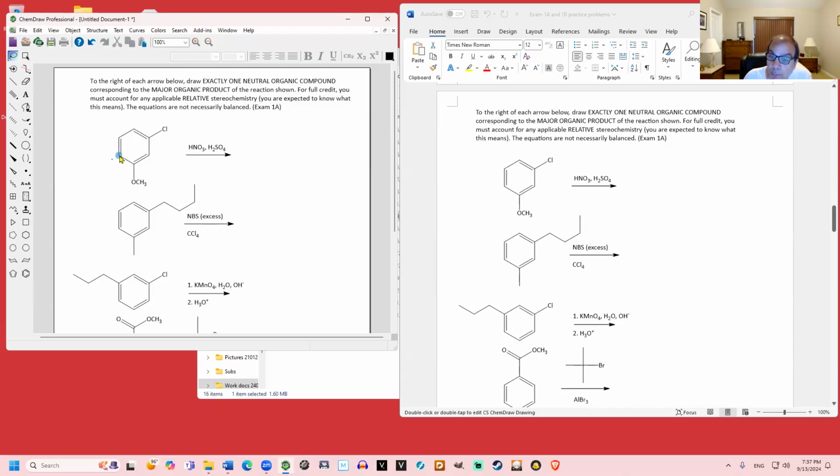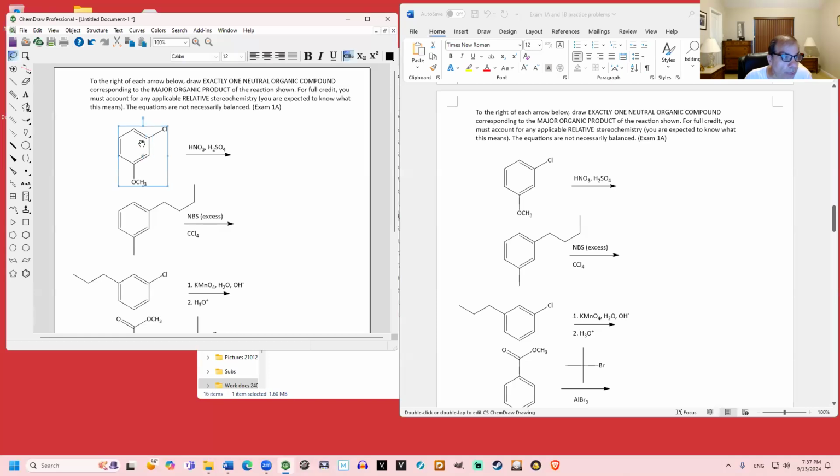We said that you want to put the new group next to the smaller group, and we defined the smaller group as the one with fewer atoms, and the larger group as the one with more atoms. Well, that's easy. Methoxy is 5 atoms, chlorine is just 1 atom.